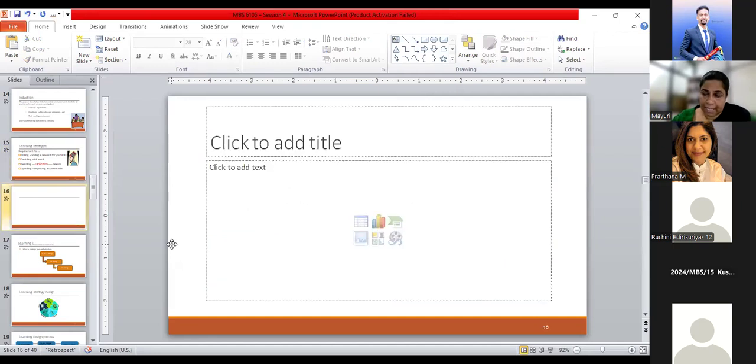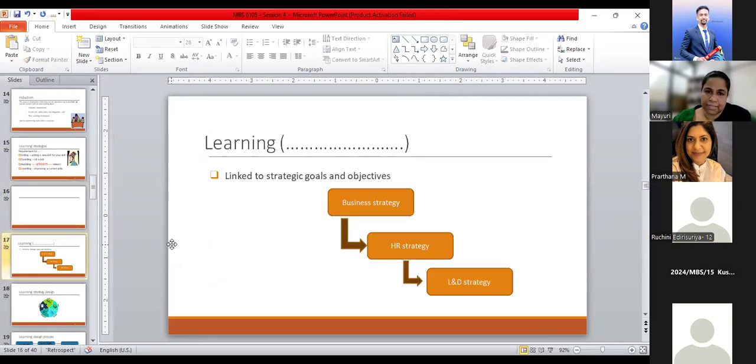So that's it, and then we have completed our second section as well. Now we are moving to our third one, learning strategy design. As I did in the very beginning of the first session, when you are doing any HRM function, whether it's performance management, recruitment and selection, or learning and development, we start by looking at the business strategy.